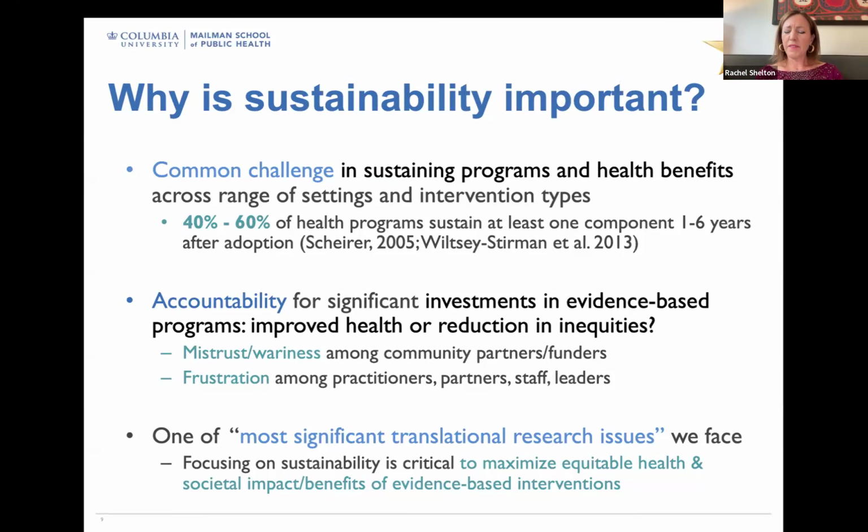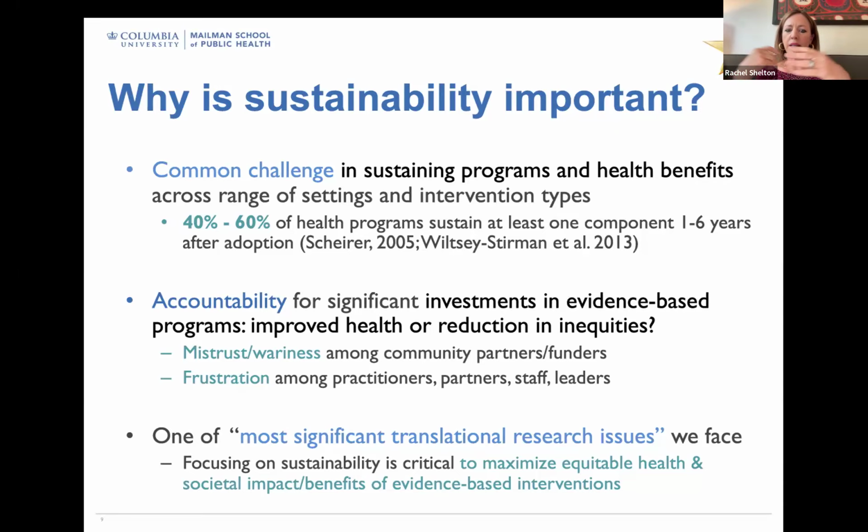And I think, especially for those of us doing community engaged work, community-based work, this is a real challenge because it has huge consequences for partnerships, right? There's a lot of questions around accountability when people are making the investment of their time around implementation. So you do all this training, you build all this capacity to get initial delivery, but then the program's discontinued.